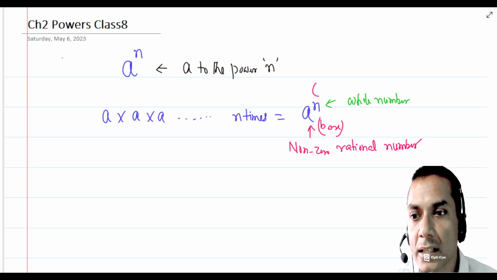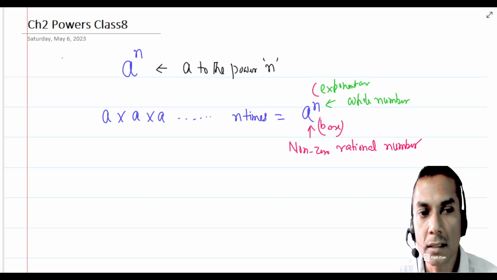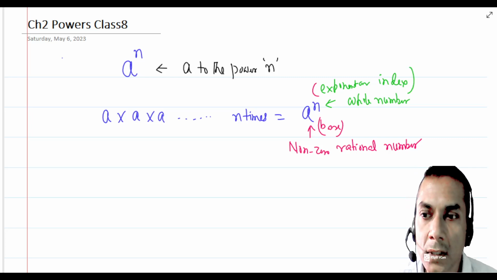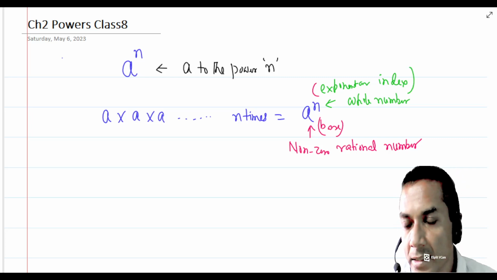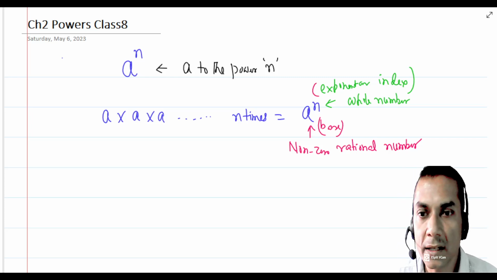It is called the exponent or index. Clear? This way, this entire repetition of the multiplication you can represent as a to the power n.